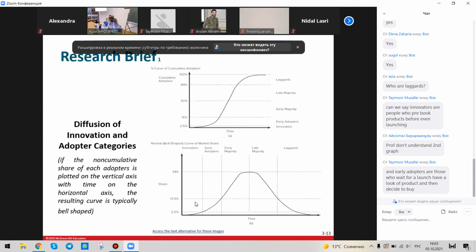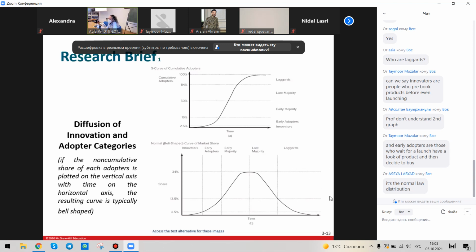So here we acquire almost 34% of the market, represented by the early majority, and another 35% is represented by the late majority. If we reach this percentage of the market, we have officially entered the mass market, okay?